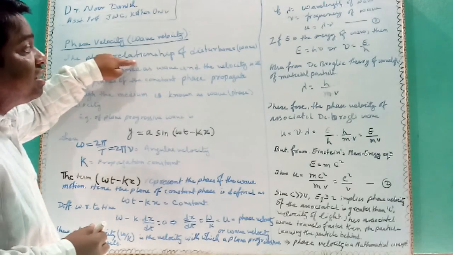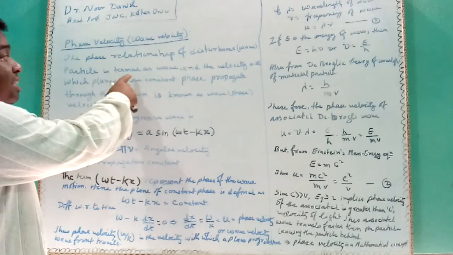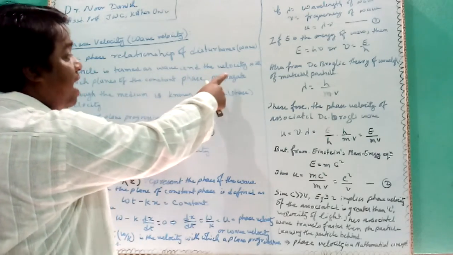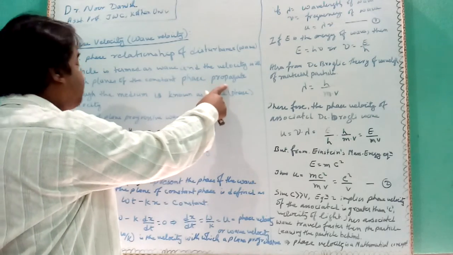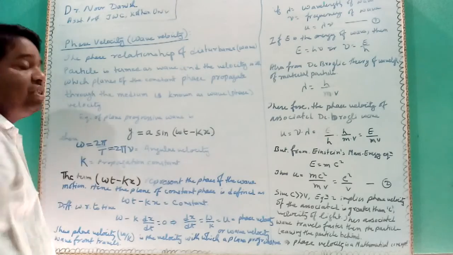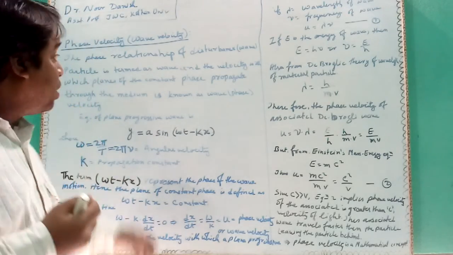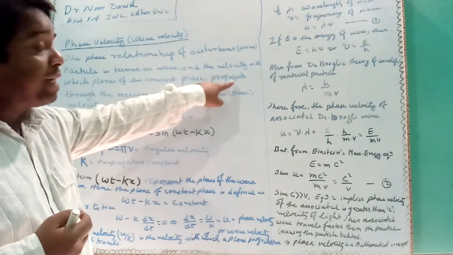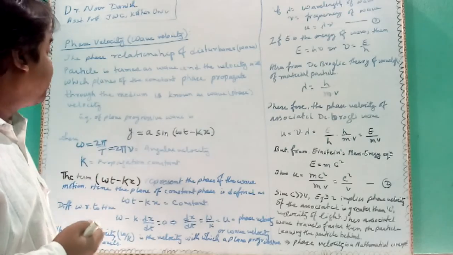The phase relationship between the disturbance particle in terms of wave, and the velocity with which the plane of constant phase propagates through the medium is known as wave velocity or phase velocity. Means the particle which is in phase propagating through the medium will be called phase velocity.